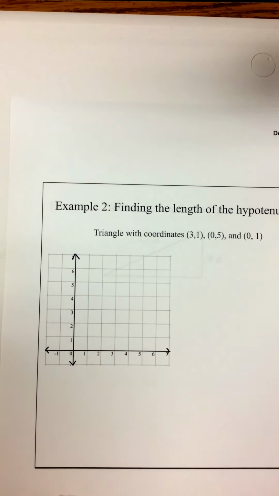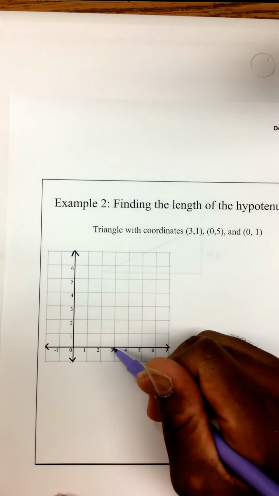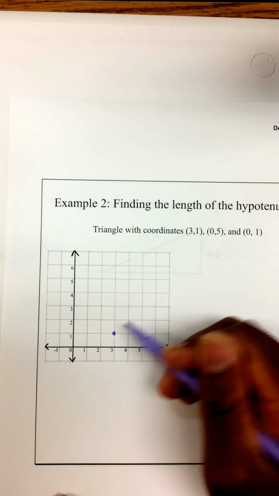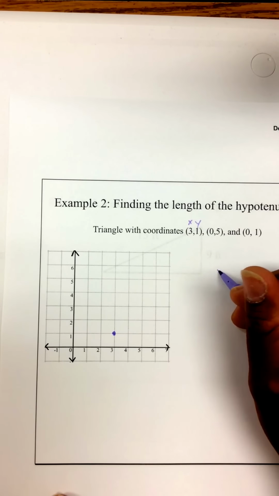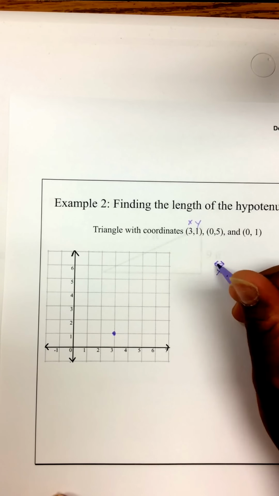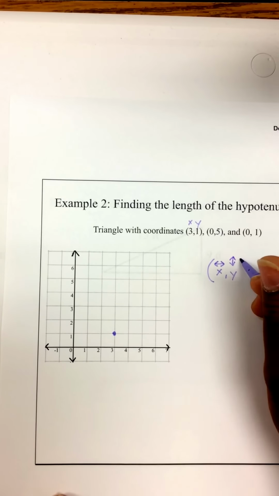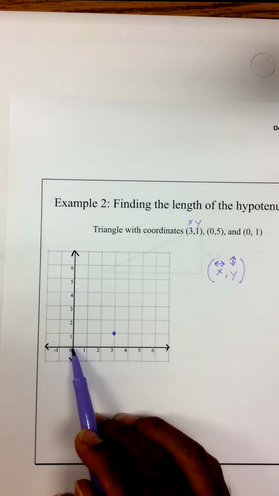Now, we come up on a problem like this. And first, you have to know how to graph. So let me start off at my origin. I go 1, 2, 3, and I go up 1. And I do that because that is X and Y. You know your X goes left and right, and your Y goes up and down. Now, I start at my origin for the next one.